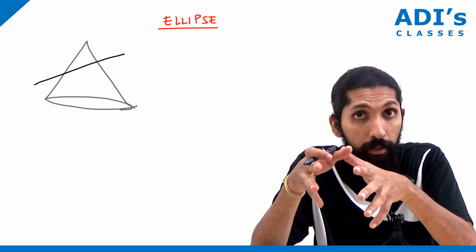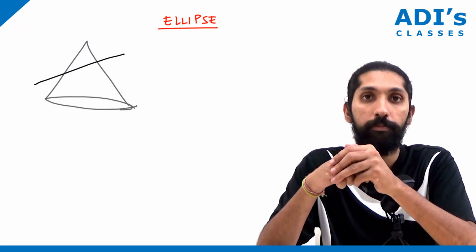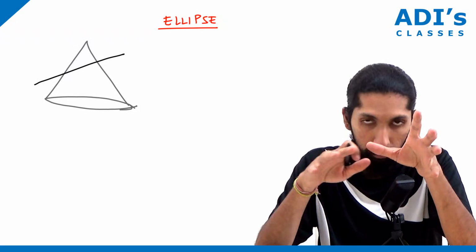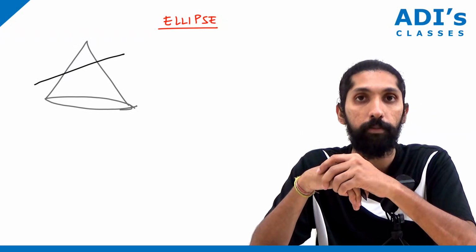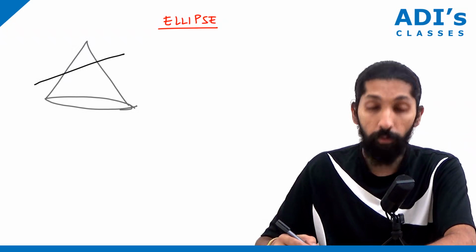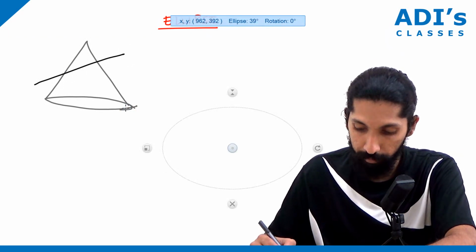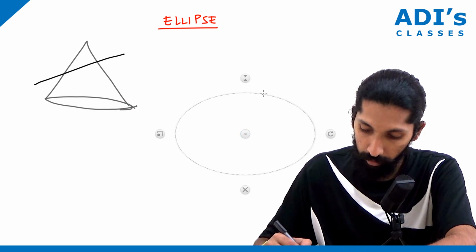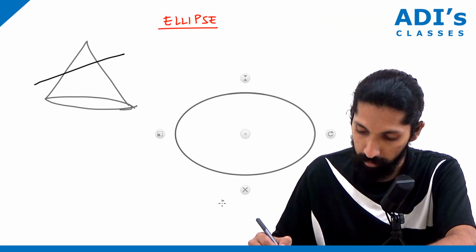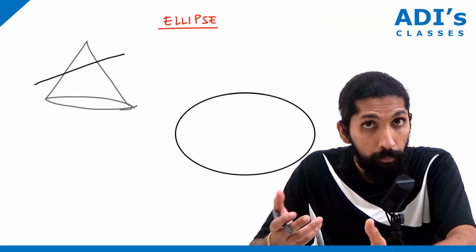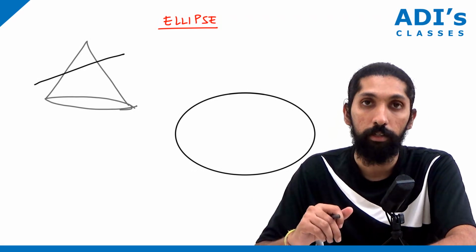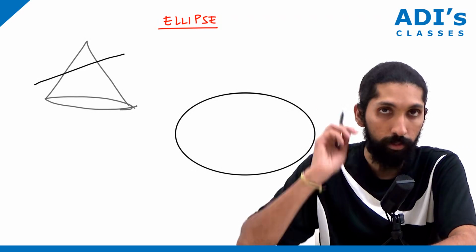What figure do you get? That is an ellipse. I'm sure you guys know this. So geometrically, not mathematically, an ellipse will look something like this. In common terms, an ellipse is basically an oval.